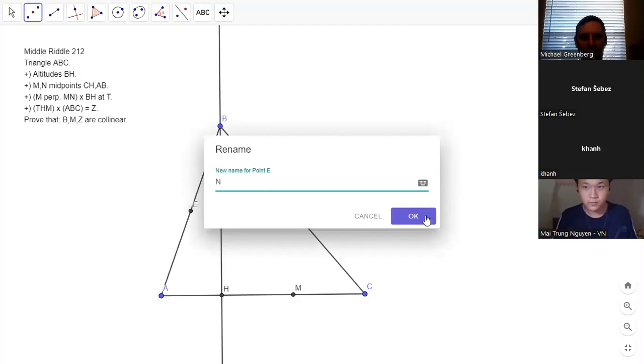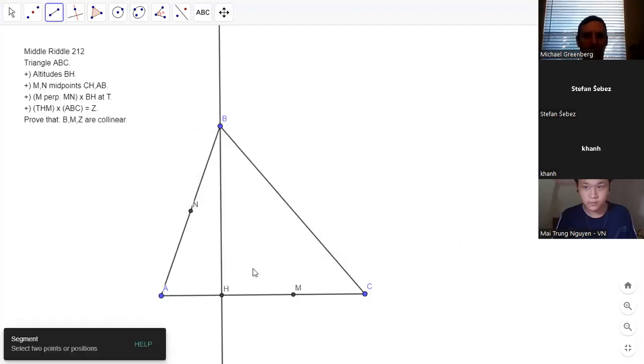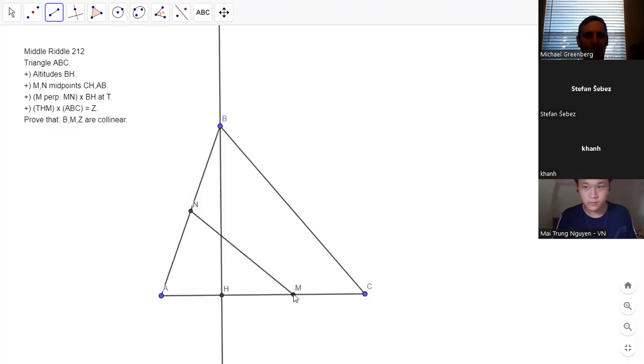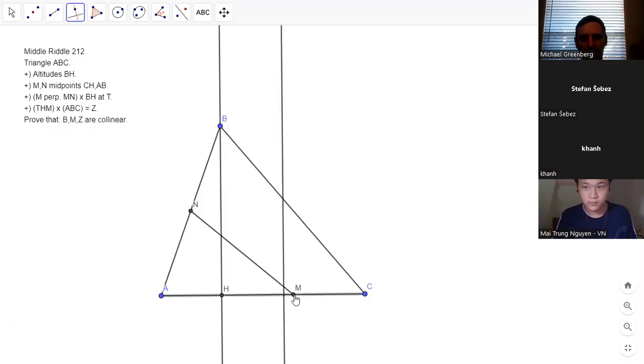And then the perpendicular from M to MN. So basically the perpendicular meets BH at T. Whoops.